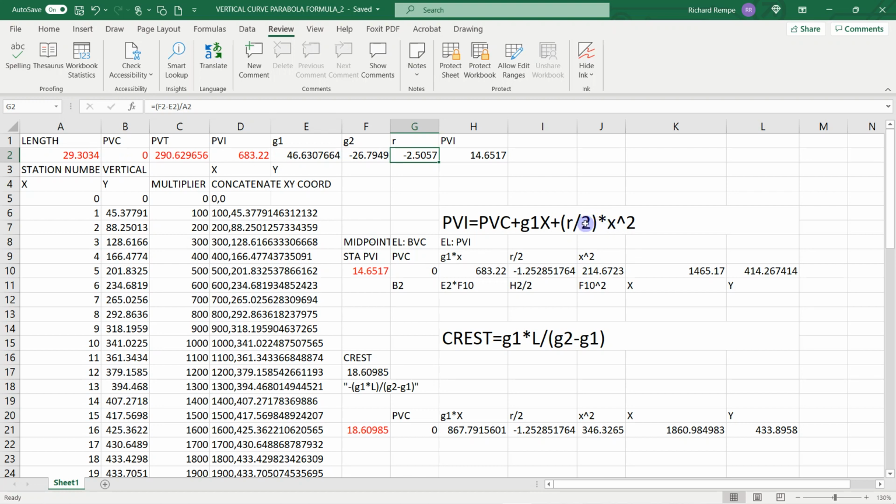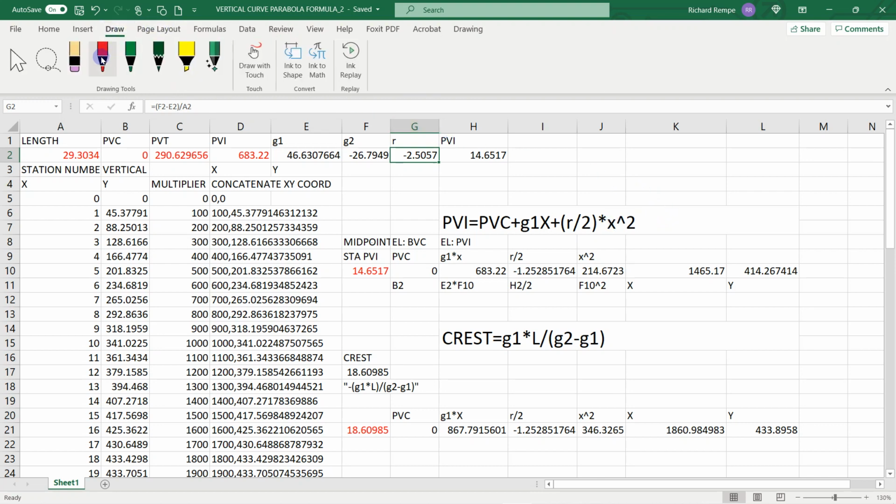So sometimes you'll see this formula looking a little bit different. Instead of R, they'll have G2 minus G1 divided by 2L, in parentheses.